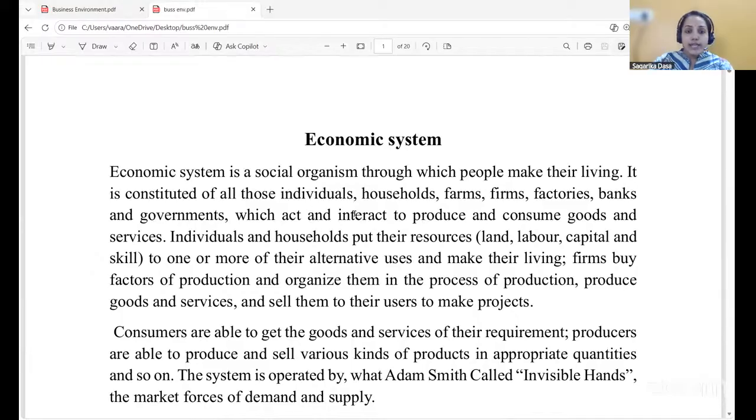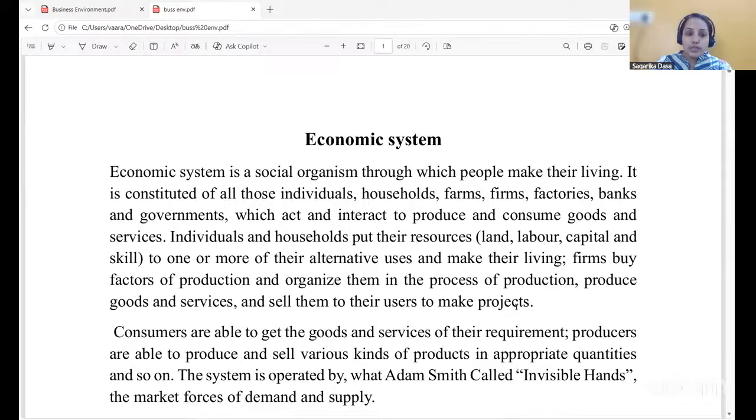Individuals and households put their resources like land, labor, capital, and skills to one or more of their alternative uses and make their living. Firms buy factors of production and organize them in the process of production, produce goods and services, and sell them to their users to make profits.